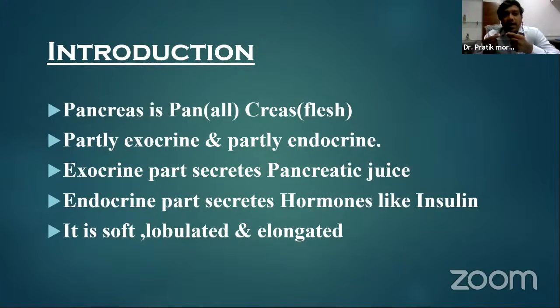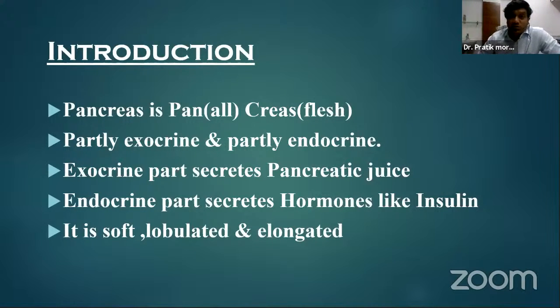If you hold it in the hand, you will find it a very soft and velvety kind of organ. Okay. So it is partly exocrine and partly endocrine. These two words are exo and endo. Exo is outside and endo is inside. Partly exocrine, that is, it produces pancreatic juices, and endocrine, it releases hormones. The exocrine part secretes the pancreatic juices, and the endocrine part secretes hormones like insulin, glucagon, likewise.